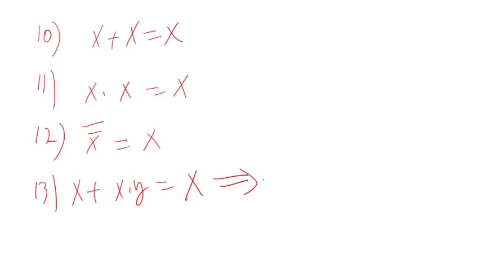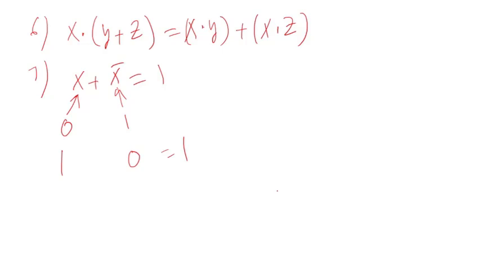Again, you can construct the truth table and you can verify this. But if you notice here, x is the same as x and 1 or x and y. So all I added is this one here. Then if you use this operation here, I can write it in terms of this.